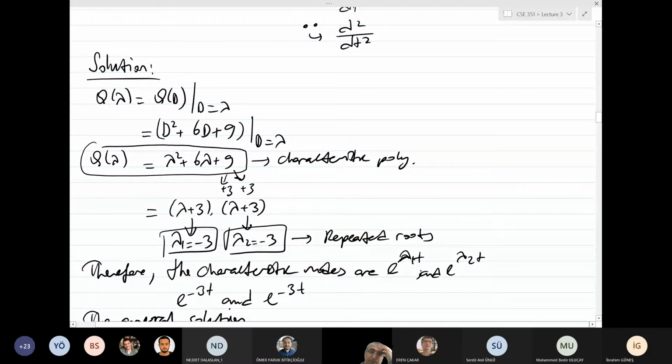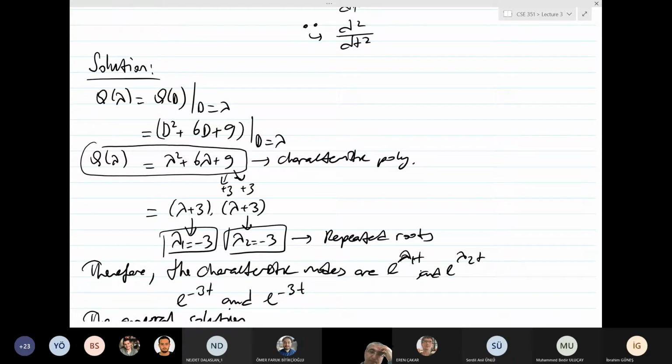First of all, in the first step, I need to find the characteristic polynomial by replacing the D with lambda. So D squared plus 6D plus 9, if I replace it, my system characteristic polynomial becomes lambda squared plus 6 lambda plus 9.